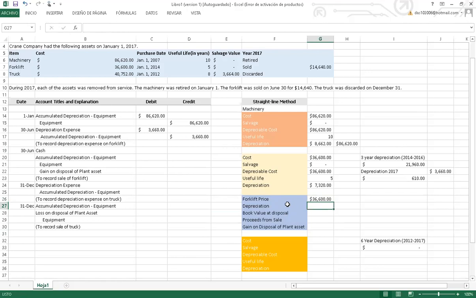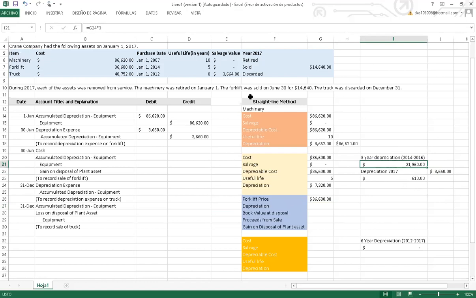So for the total depreciation of all the years that this forklift was used, we have first calculated the 6 months of 2017, but then we also need to calculate the full depreciation of the 3 years in which this forklift was used.